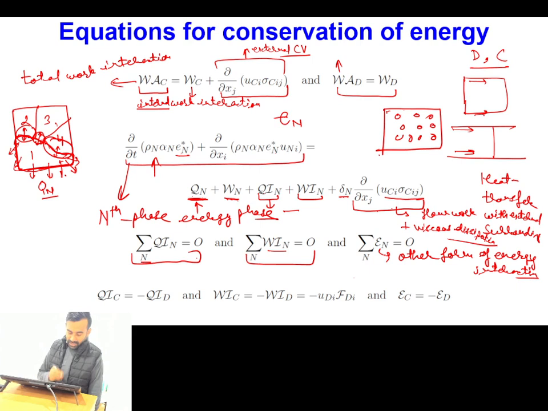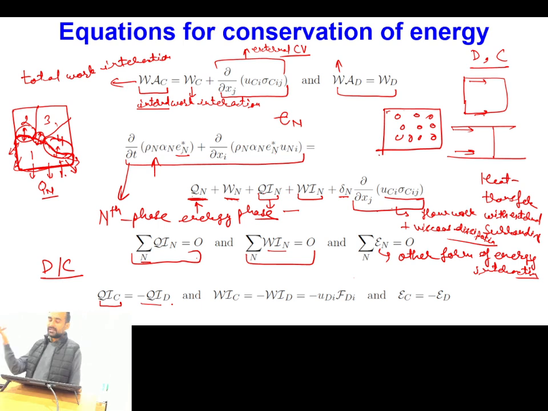Okay. Now, if I assume that in my system I only have two phases, one dispersed phase and one continuous phase, in this scenario, what will be happening? Whatever be the QIC, it means heat transfer to continuous phase, that will be nothing but equal to minus of QID. Okay, is this one clear? Because one will be losing the heat, other will be gaining the heat.